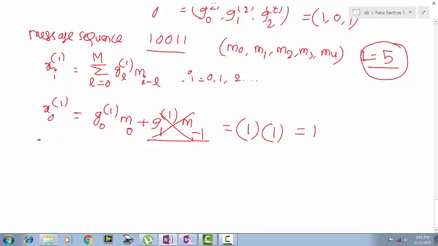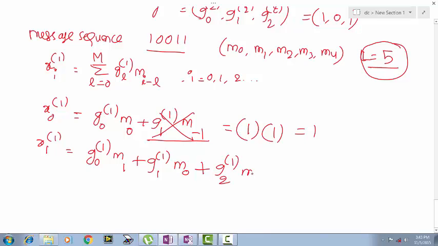Similarly x_1 of 1. So in this case i equal to 1 now. So again summation L equal to 0 to M. So G_0 of 1, next i minus L, i value is 1, L value is 0, so m_1, plus G_1 of 1 m_0, because i value is 1, L value is 1, m_0, plus next term will be G_2 of 1 m minus 1.